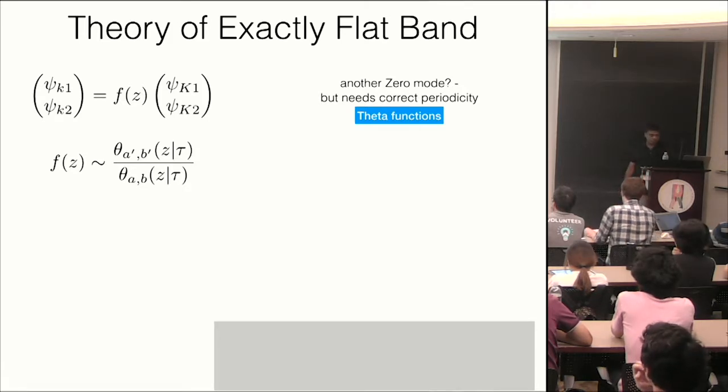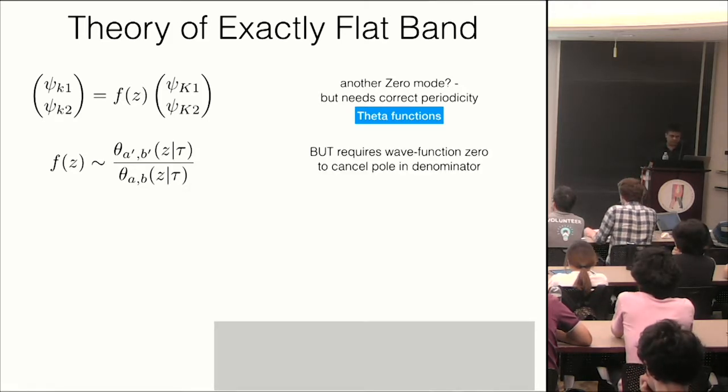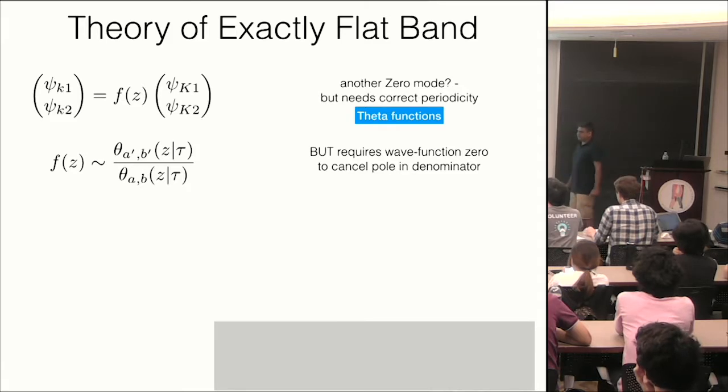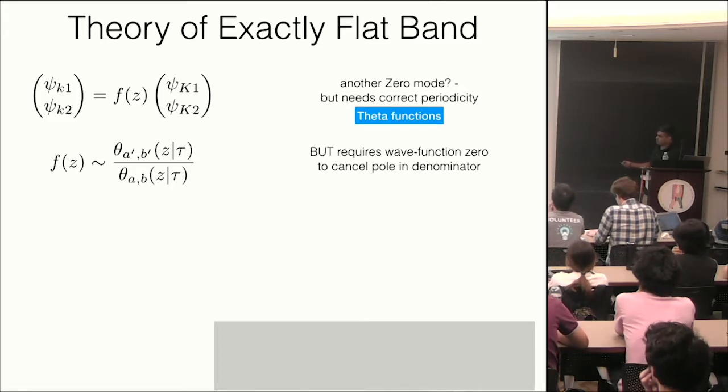So what do you do about the poles of this function? Well, one thing you can do is to have the wave function over here, the thing you're multiplying it by, have a zero at precisely the point where there's a pole. If you can do that, then this whole thing is a valid wave function, but it requires this thing to be zero somewhere. And a priori, it looks hard to get a zero. This is two complex numbers.